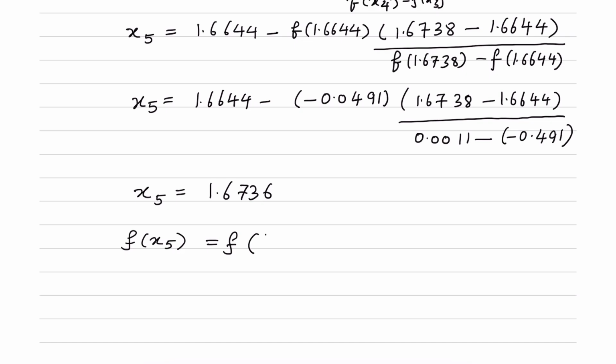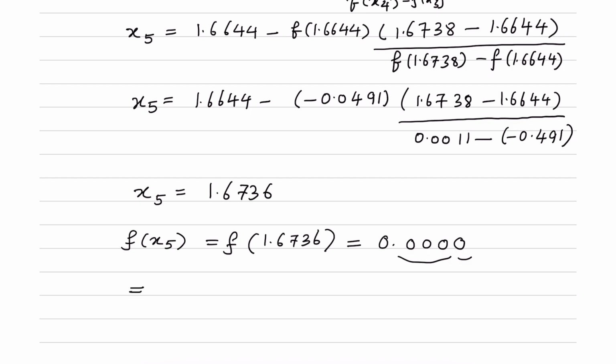You find a new x, you plug it in the function to see if this new x is the root or not. 1.6736, when we plug this value in the function, we get 0.0000. We needed to have 3 zeros and the fourth could be any digit, but this is even better. We found the 4 zeros.